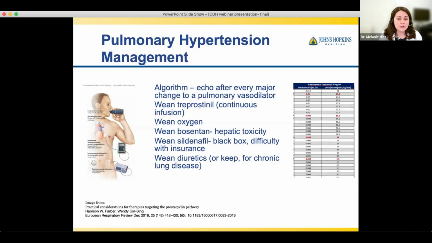I don't want to get too much into pulmonary hypertension. But again, having known CDH families, you all are a very educated group. You do a lot of research. And you will probably know that some of the more severe complications with CDH can be severe pulmonary hypertension.